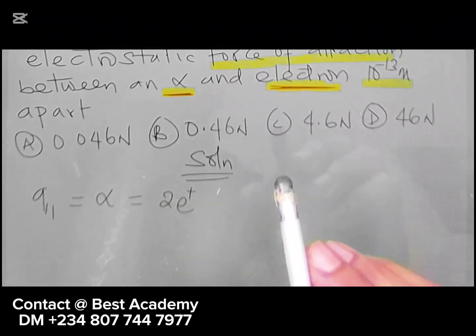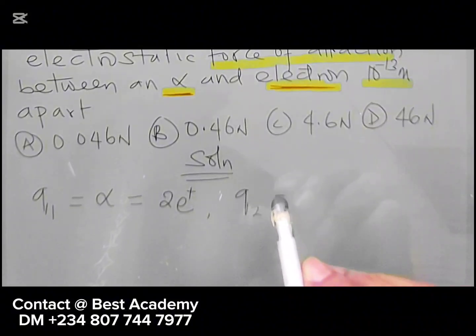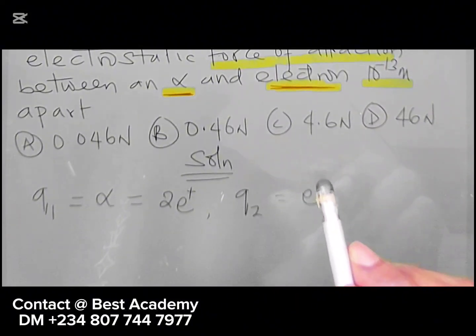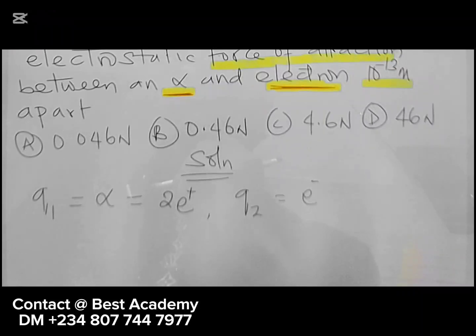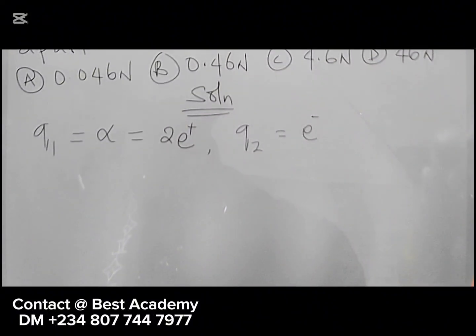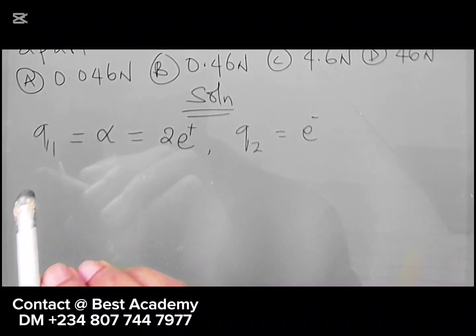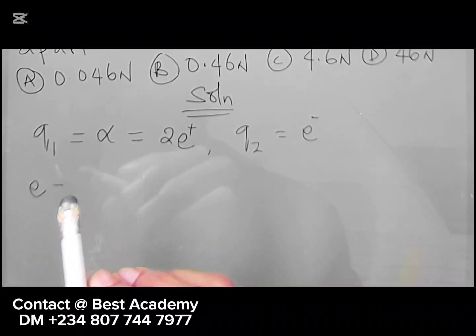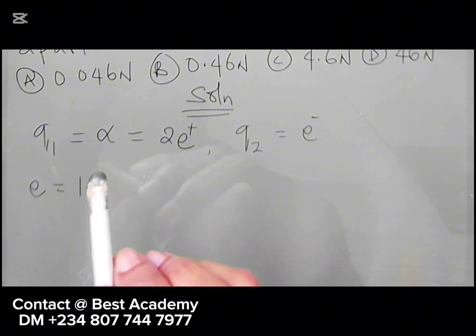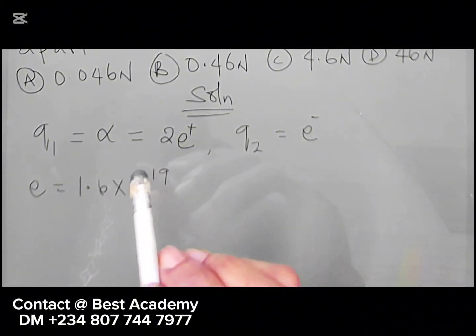The second charge, Q2, is an electron, which is a negative charge. But take note that e has a numerical value: the value of e is 1.6 times 10 to the power of minus 19 coulombs.